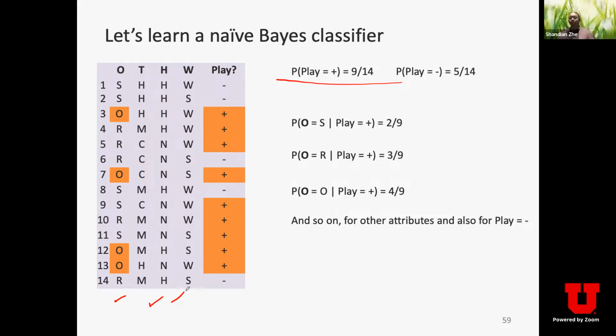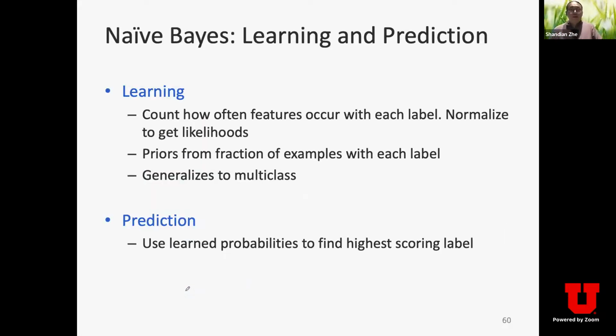Okay. Yeah, that's a naive-Bayes classifier. The learning follows a simple rule: we just count how often features occur with each label. Then we normalize the count to get a valid probability. And the priors are just calculated from the fraction of the examples with each label.